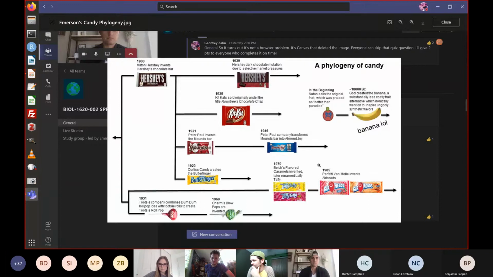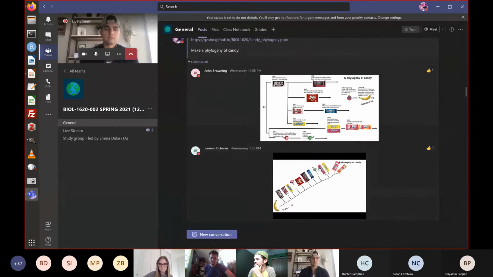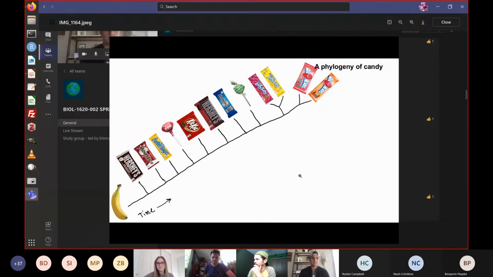But I don't like it, because it's not a phylogeny. That's okay. All right, this one actually looks like a phylogeny. Although it's interesting that the banana being the common ancestor to all of these took so long for banana to re-evolve.